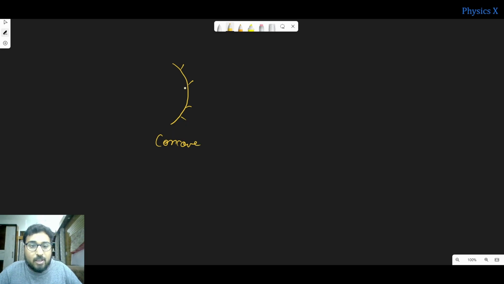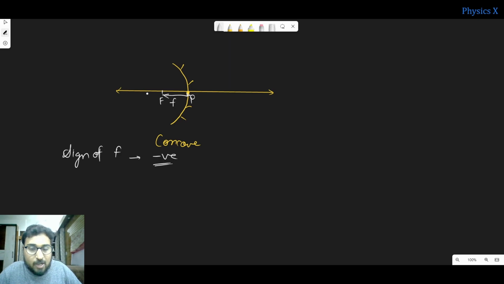In a concave mirror, this was your pole and this was your principal axis. The focus point was somewhere here. This is your pole, the origin, and this was your focal length. What is the sign of focal length? In case of concave, it is negative. See this, it is on the left hand side of the pole.